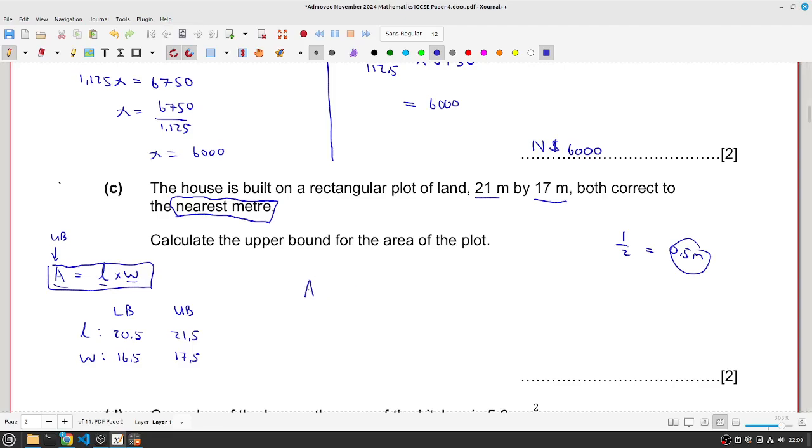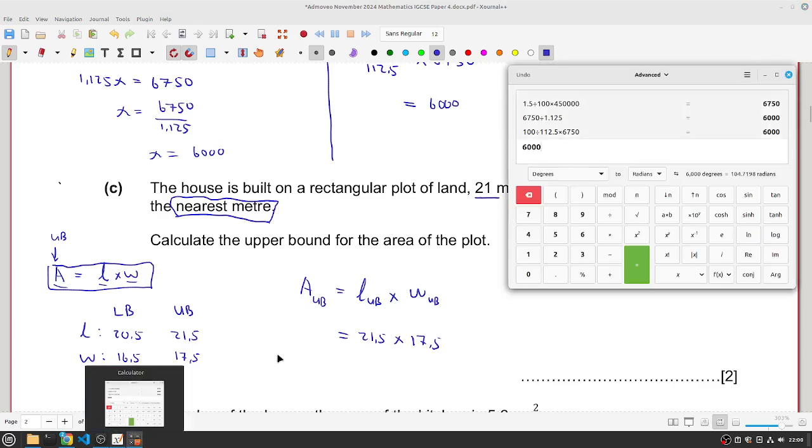Okay, so we're going to say area upper bound. The upper bound of the area will be the upper bound of the length times the upper bound of the width. So in our case, that's going to be the 21.5 multiplied by the 17.5.